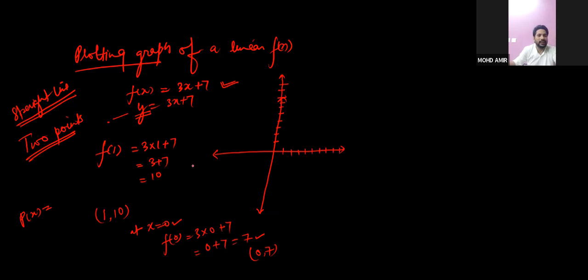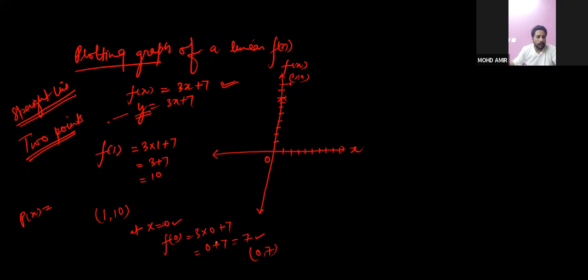We don't have any negative point, so we will not go through it. The first point is (1, 10). This is 1, and we have to raise up to 10.